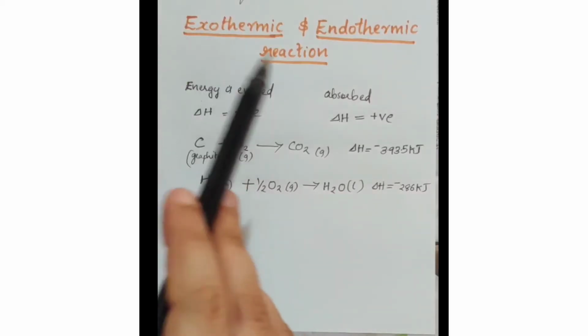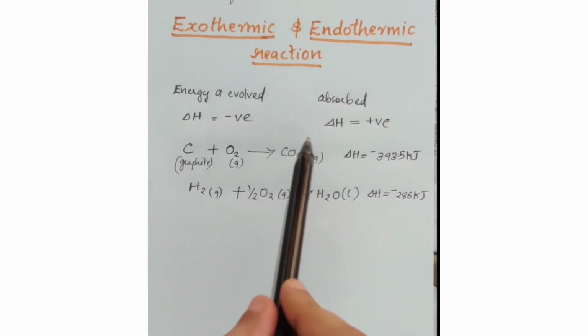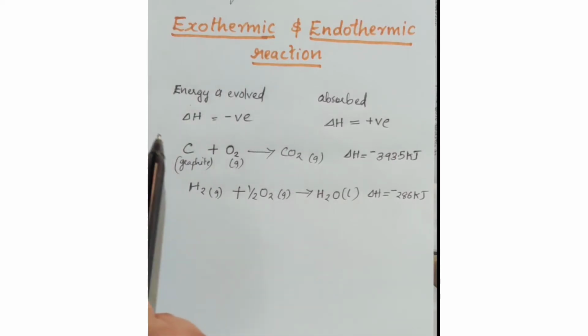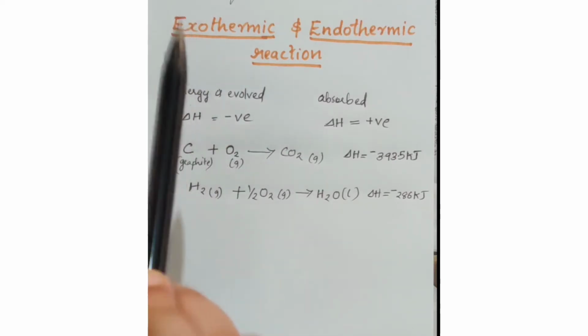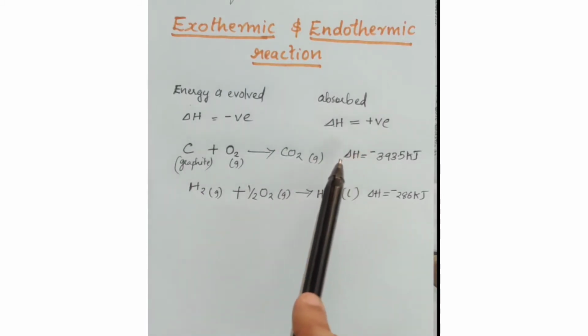For an exothermic process, the enthalpy of the products is less than that of the enthalpy of the reactants at a given temperature. Hence the value of delta H is negative.